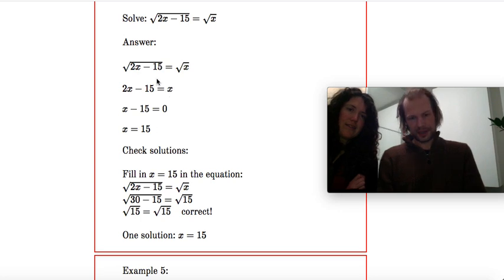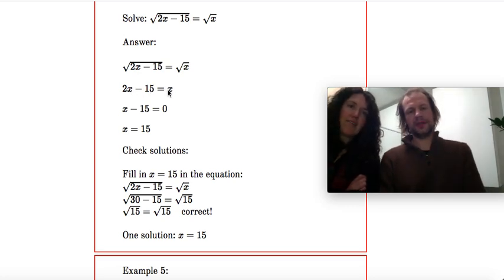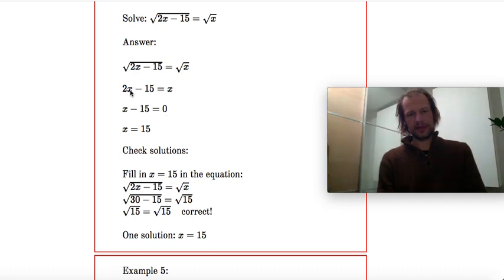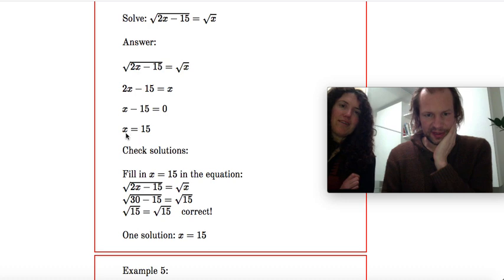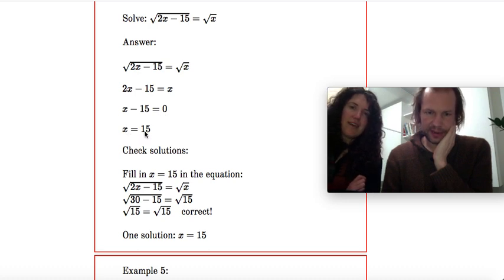This x now goes to the left. 2x minus x minus 15 is 0, so x minus 15 is 0. x is 15 is the answer.